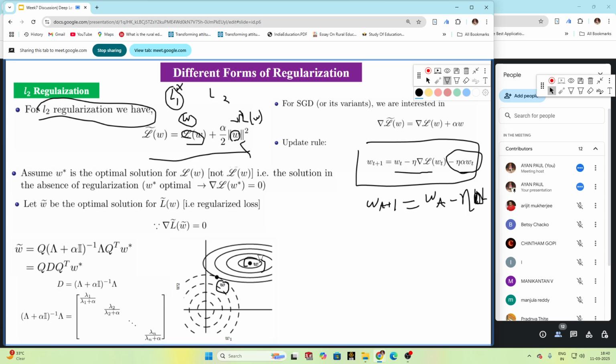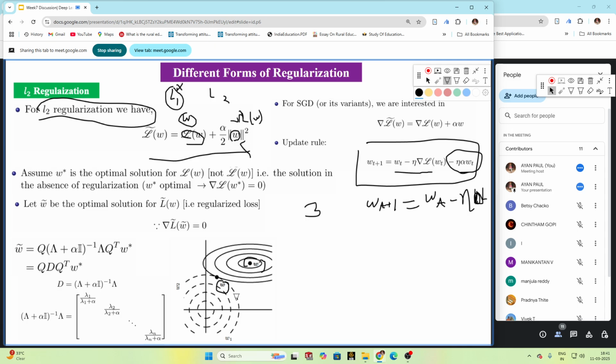L2 regularization performs a kind of eigenvalue decomposition, which has three steps: a rotation, then a translation, and then again a rotation. You need not understand all this. Just understand that earlier we had a large weight, w star, and now we are restricting our weight to w tilde. By that we are doing the regularization.